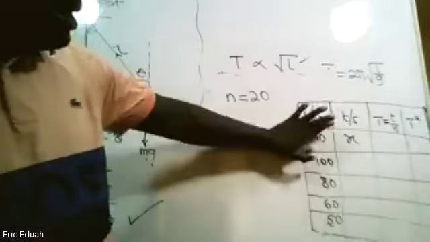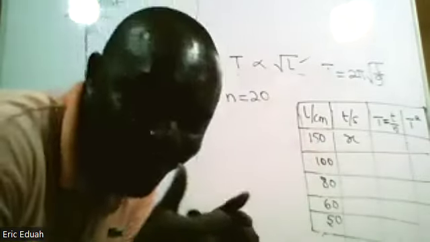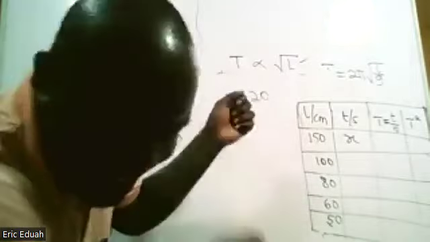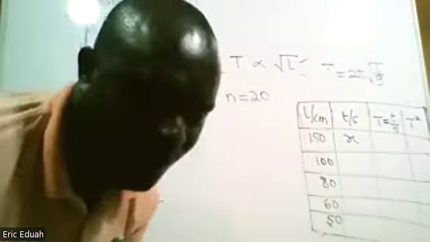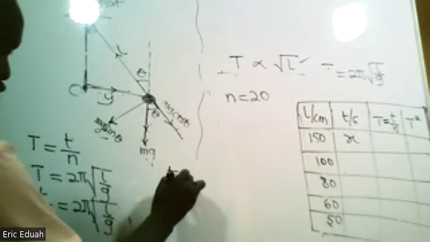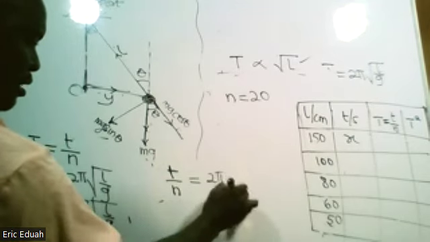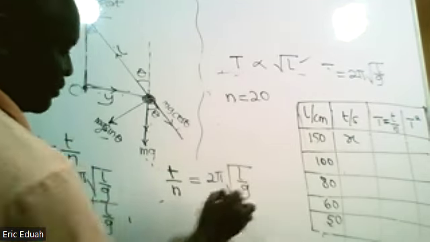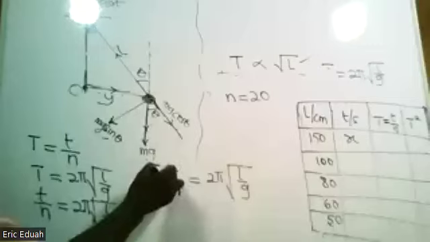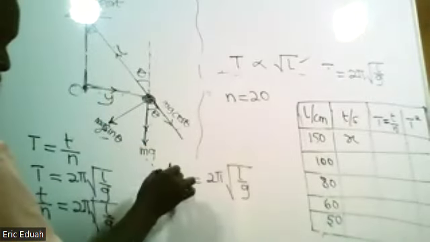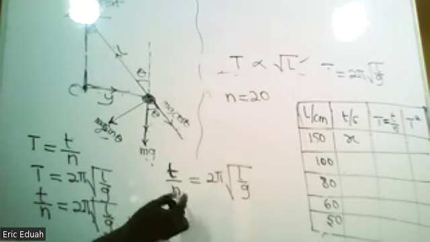Now, in the experiment, when you give me this, I can use this to work out the time without actually doing the experiment. Start 1, 2, no, waste of time. This is what I'll do. As I said, period is also equal to T over N, which is 2 pi times root L over g. So this is what I want here: this small t, total time. N is 20.